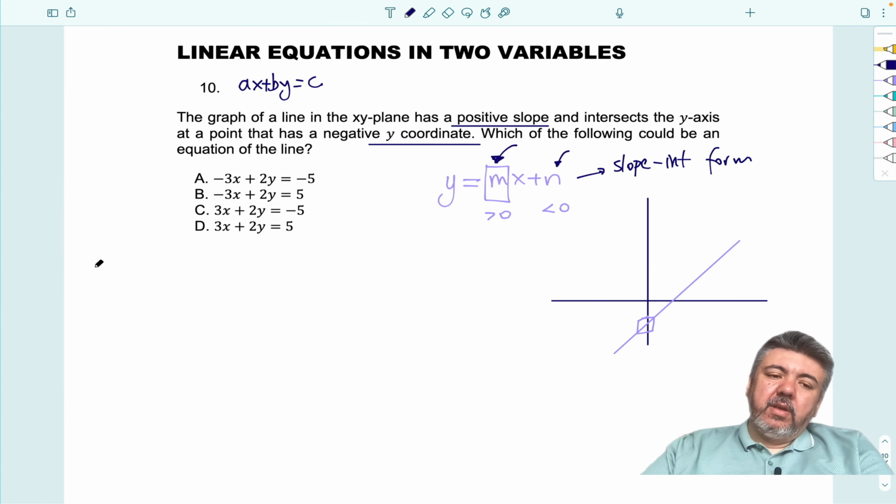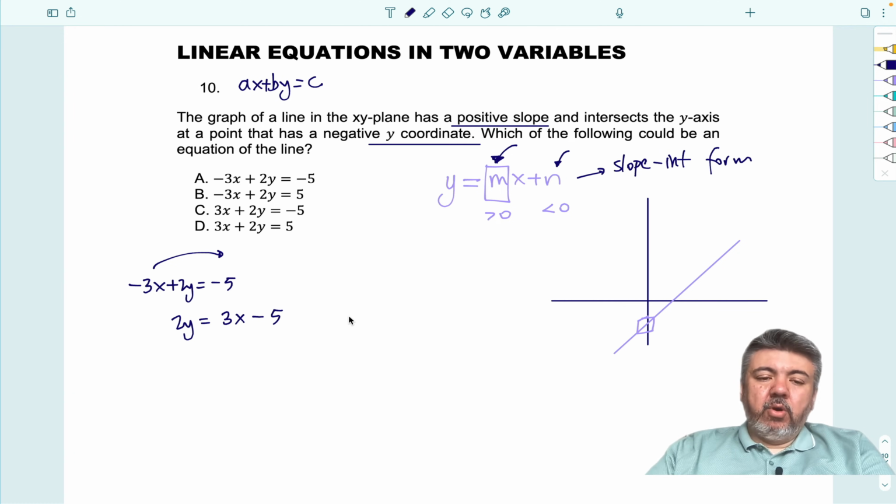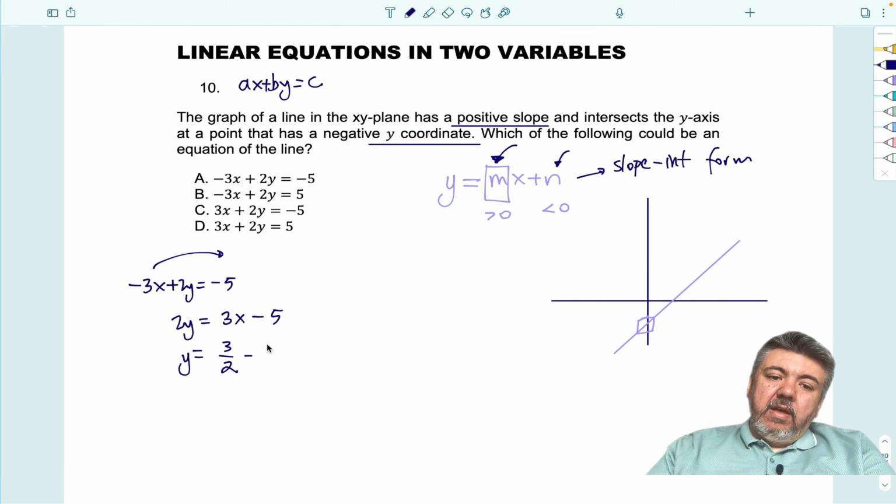Let's see. In part A, minus 3x plus 2y equals negative 5. Take this to the right side. 2y equals 3x minus 5. Divide both sides by 2. y equals 3 over 2 x minus 5 over 2.